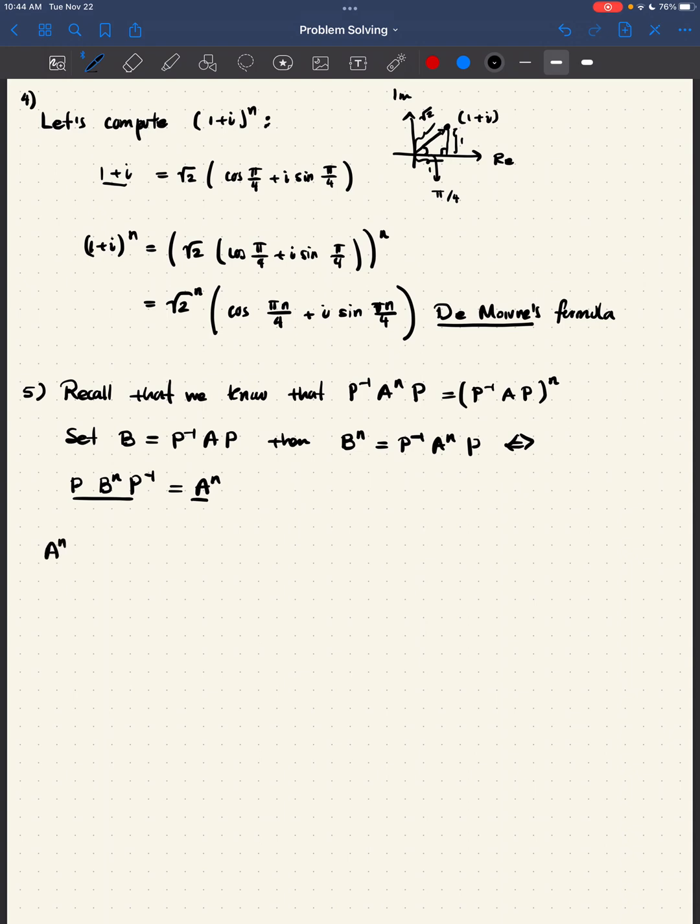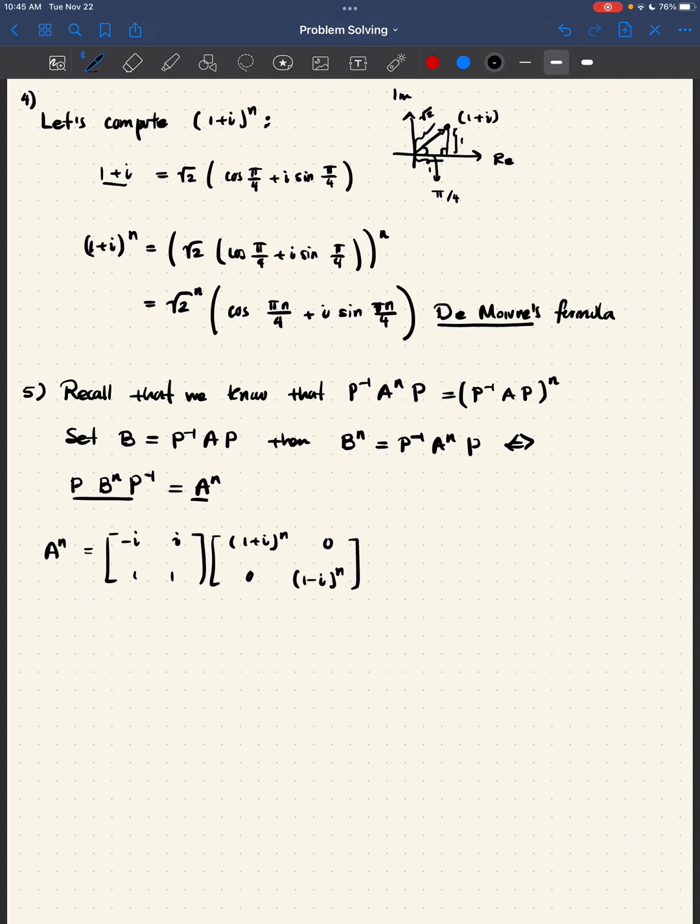So A to the n is going to be given by the following: the matrix negative i, 1, 1, 1, times the diagonal matrix with (1 plus i) to the power of n, 0, 0, (1 minus i) to the power of n.